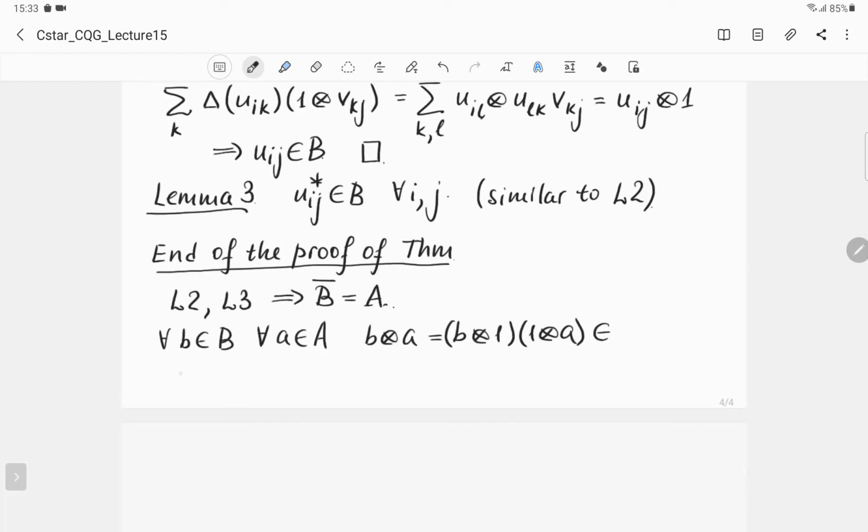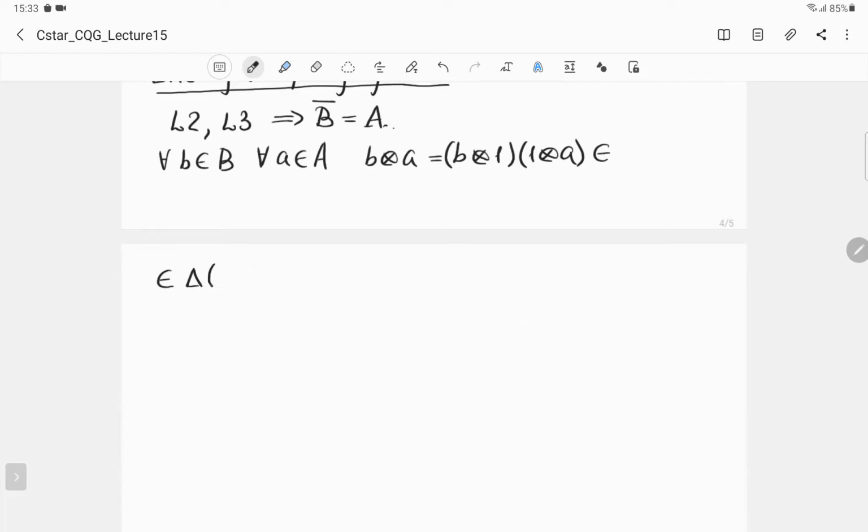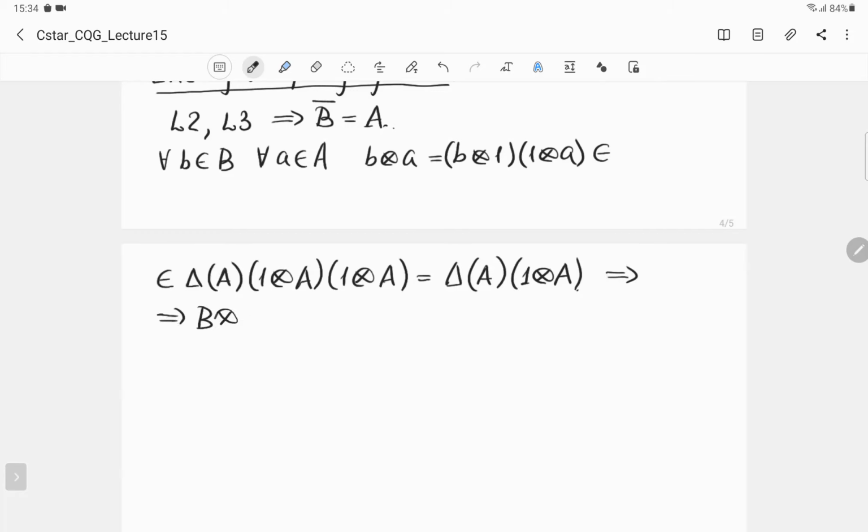And b tensor 1 belongs to delta of A multiplied by 1 tensor A by assumption, and the second element, 1 tensor a, also sits in 1 tensor A. And so we have the following equality, which implies that the algebraic tensor product of B and A is contained in delta of A times 1 tensor A.